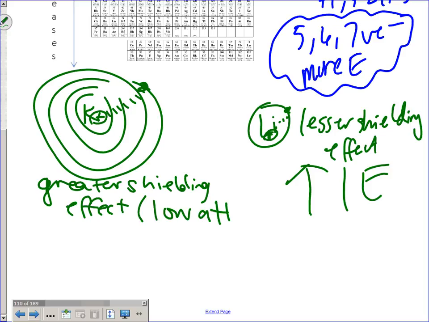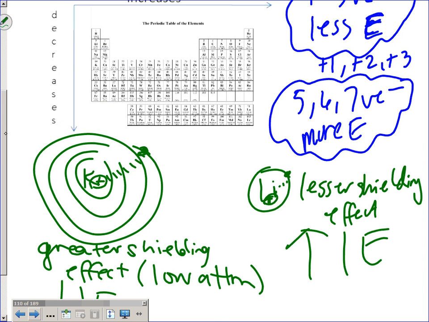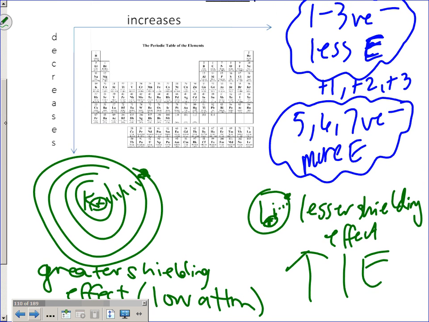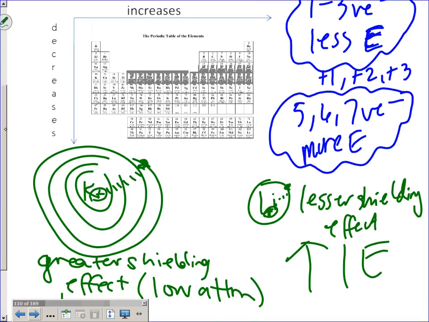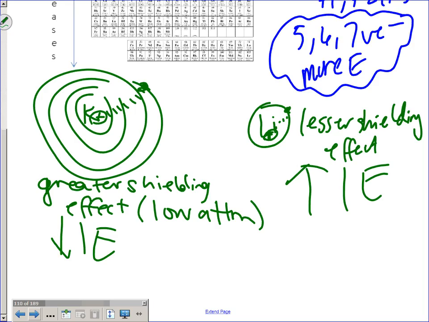And if it has low attraction, its ionization energy is lower because it doesn't put up a fight, because it's not strongly holding onto the electron anyway. So I can just pluck it off really easily. Despite the fact that both of these have how many valence electrons? They both have one valence electron. So the logic that it's going to require less energy in general for the blue part over there is just comparing the valence electron counts. But when you're looking at individual atoms, you do consider their distance from the nucleus because it makes a difference.